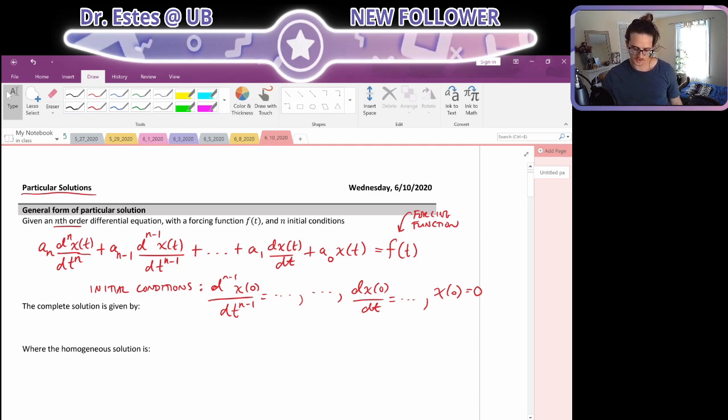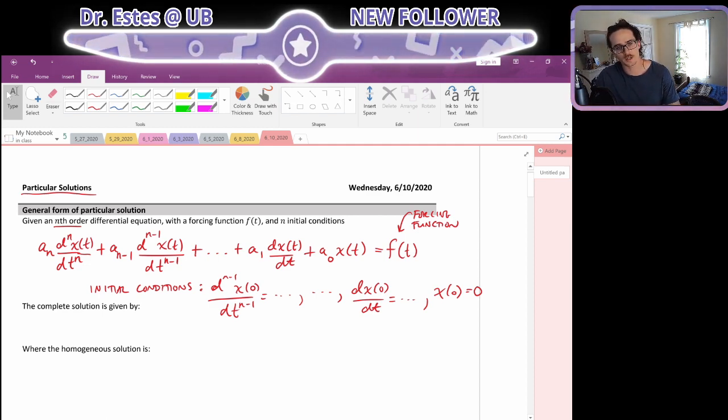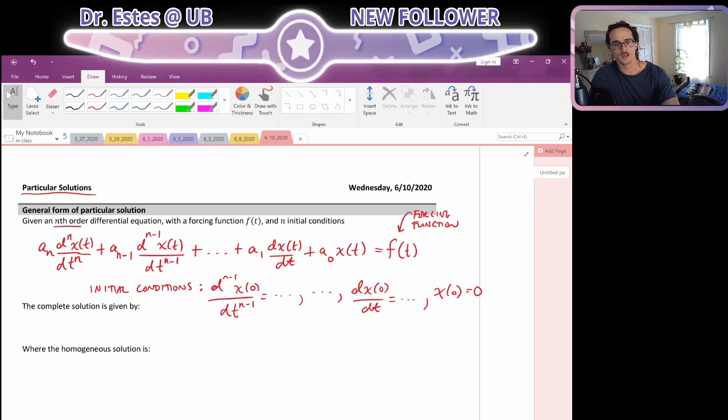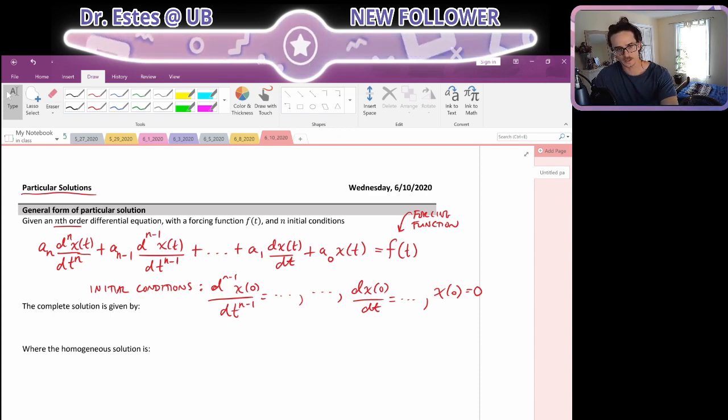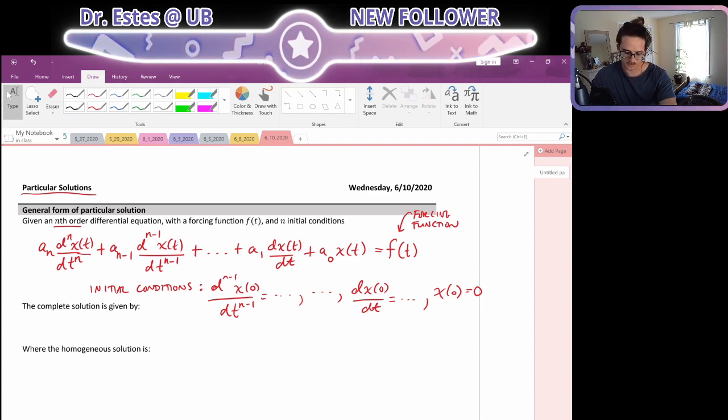All right, so this is just a generic nth order differential equation, linear, with some forcing function and then n initial conditions.